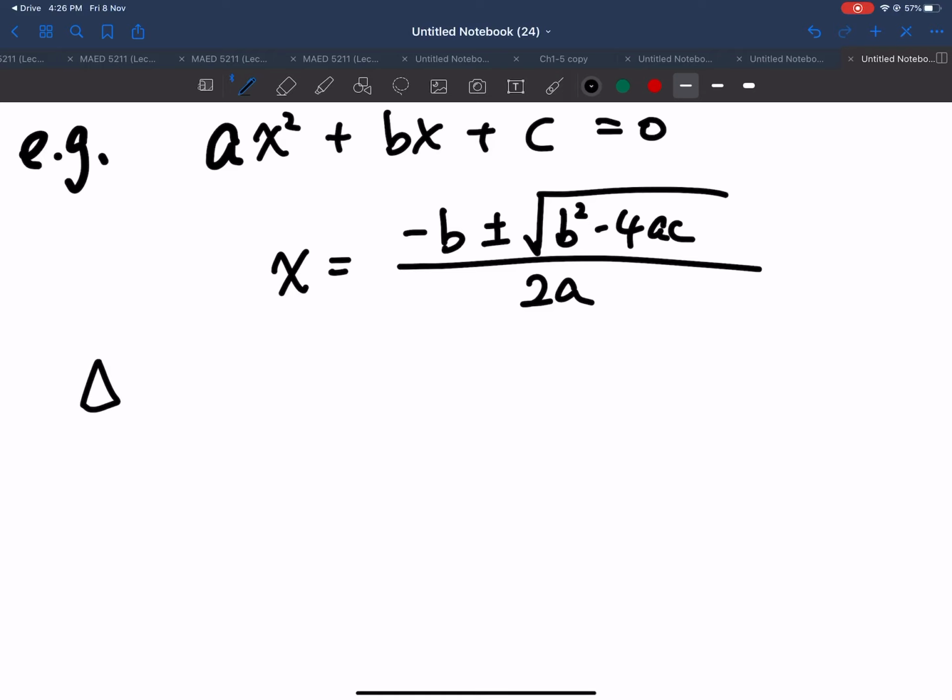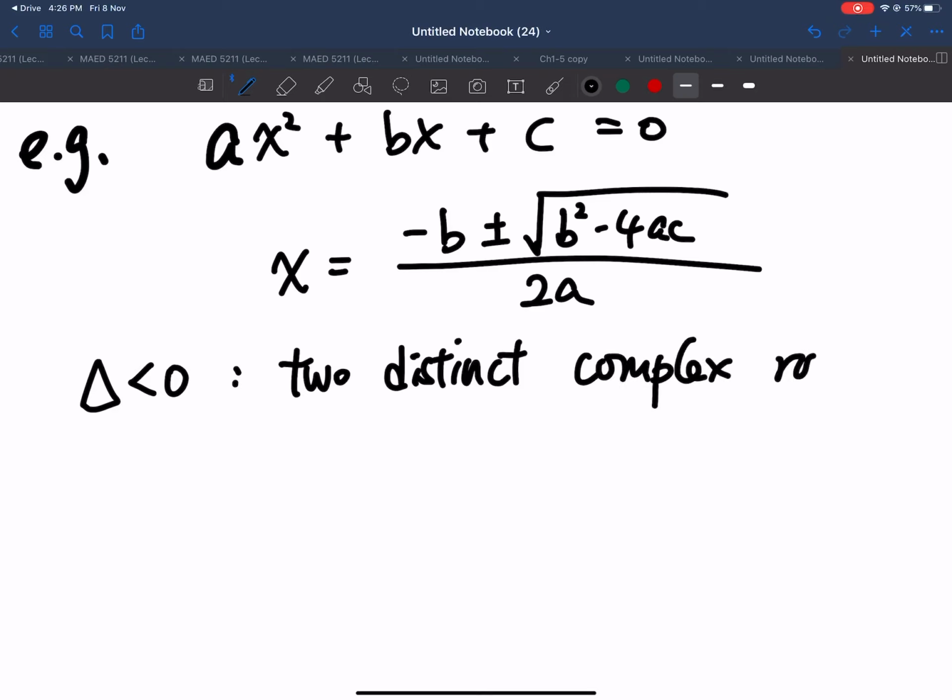But if in third pure math you have learned about complex numbers, you better say that there are two distinct complex roots. The roots are in complex numbers, okay? That's complex roots.